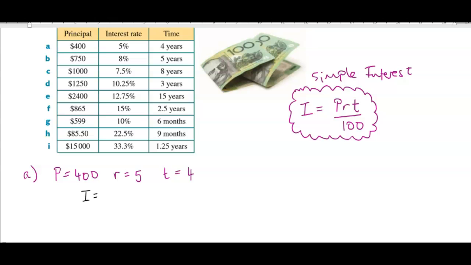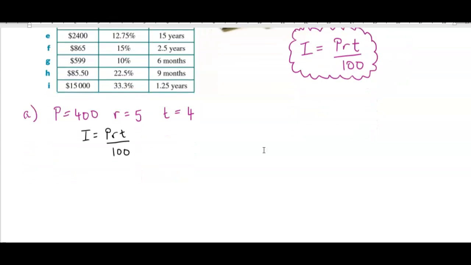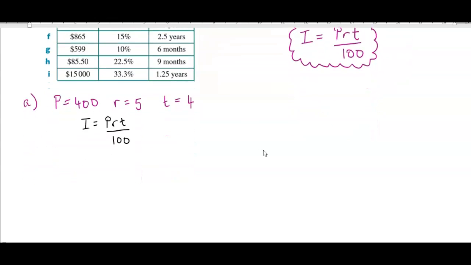I always think it's a good idea to write the formula so it sticks in your mind a little bit easier. And the more working you do, when you make a mistake, you can see where you went wrong. So we have 400 times 5 times 4. I'm just going to quickly do that on my own little calculator in front of me.